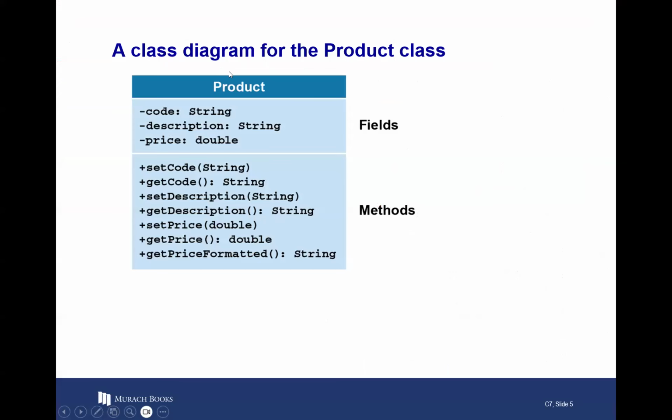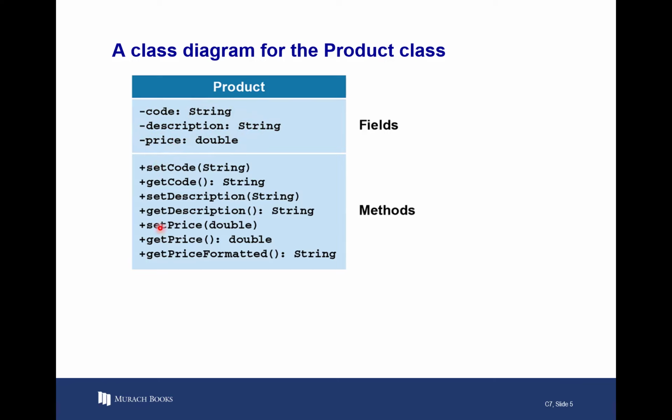If you will see over here, there is this product class. And in the product class, you have these three variables: code, description, and price. Code is private and is of type string. Description is private and is of type string. Price is a private variable and is of type double.